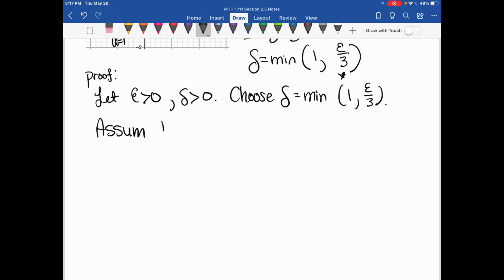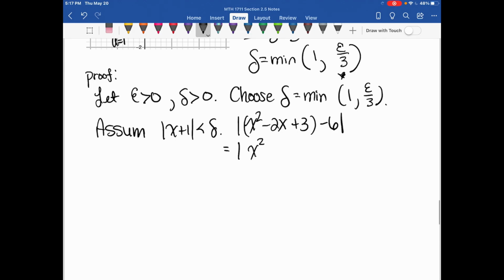We're going to assume that the absolute value of x plus 1 is less than delta. And what we need to do is show that the absolute value of x squared minus 2x plus 3 minus 6 is less than epsilon. That's what we need to show. So we're going to do that by breaking this down.